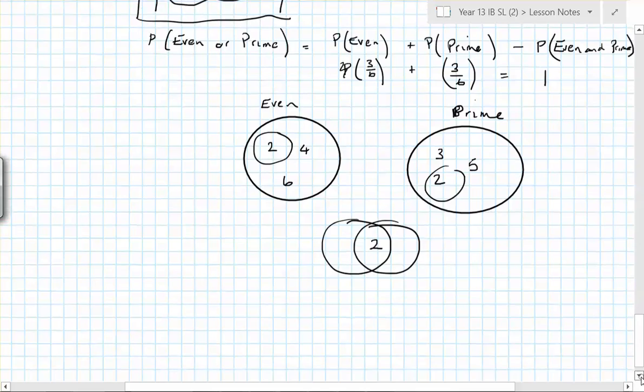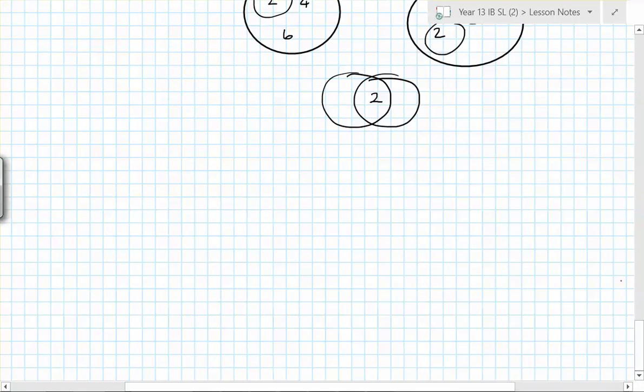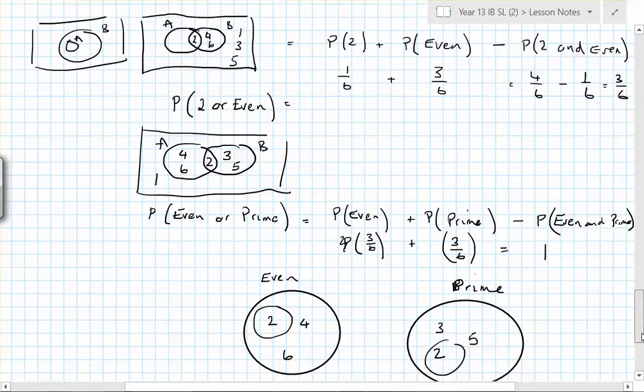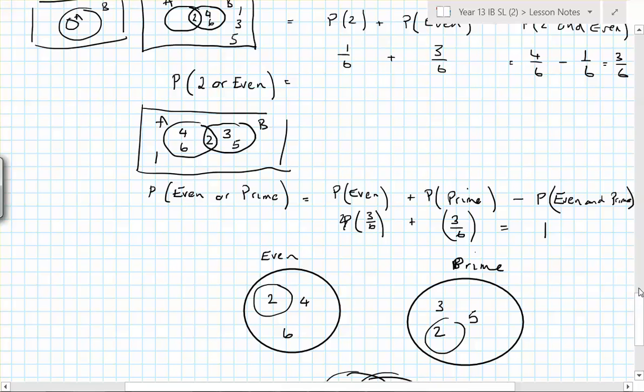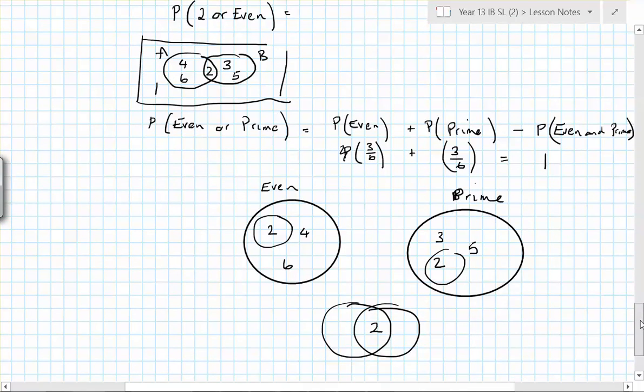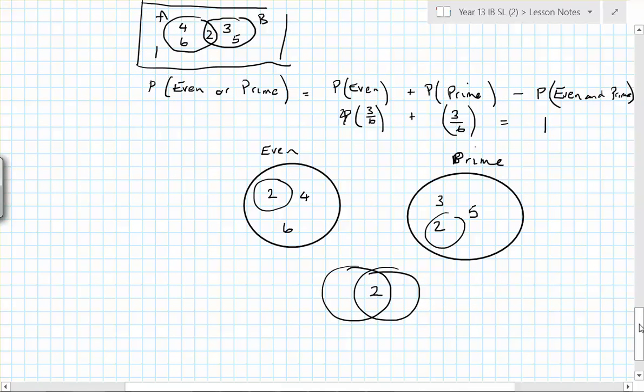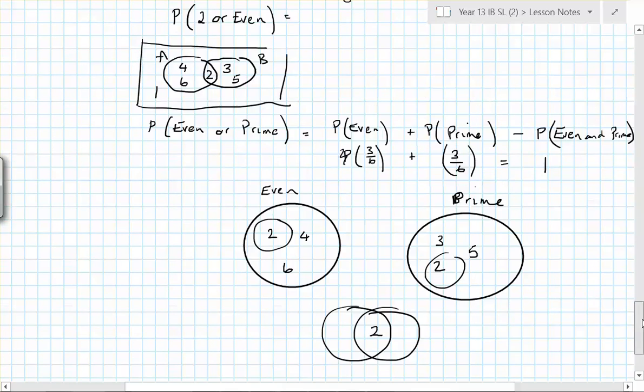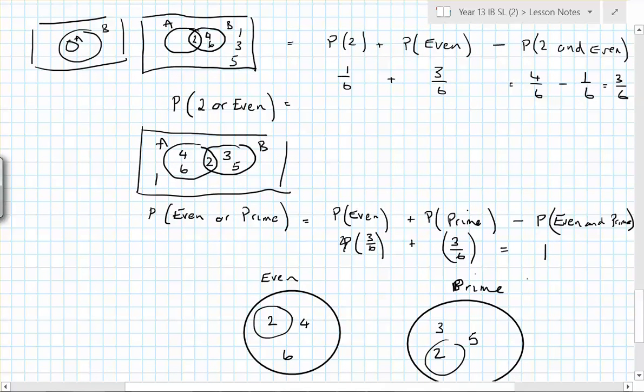If I were to say to you, though, looking at this situation, right? So actually, what is the probability of, we said, probability of even or prime? The answer should be not 1, but 5 out of 6.